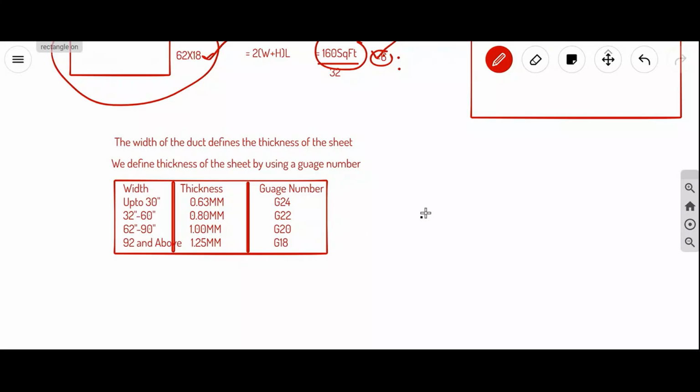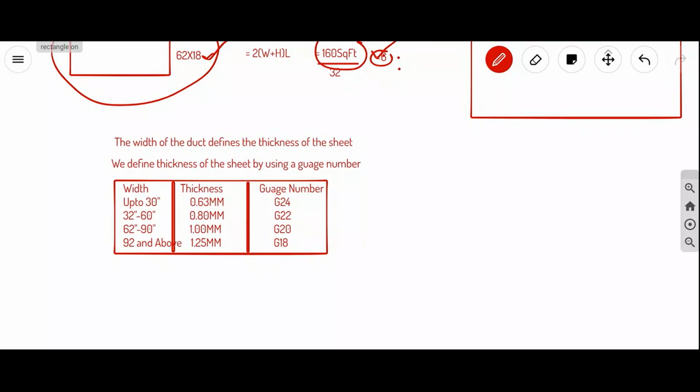Now why do we need to choose a particular thickness for a particular size of duct? Sir, why can't I go with gauge number 24 everywhere? No, you cannot. If it is a big size, the sagging will be there and the vibration will get more.